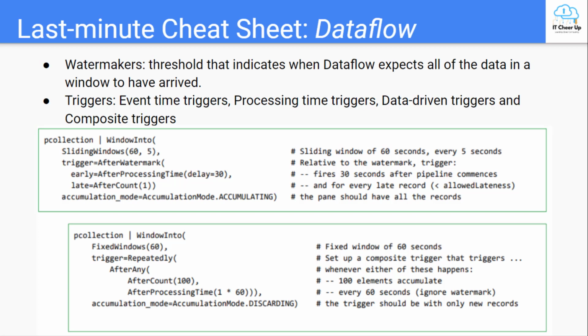Currently, data-driven triggers only support firing after a certain number of data elements. And composite triggers, which combine multiple triggers in various ways. I also put two sample codes here so you can see how to combine windowing, watermark, and trigger to aggregate elements in unbounded collections.